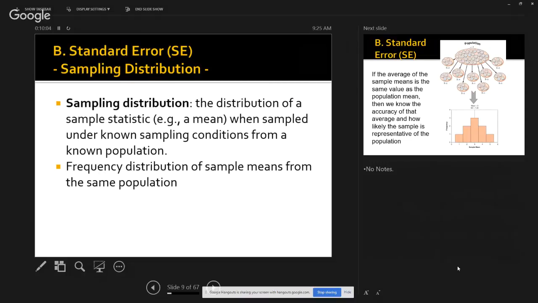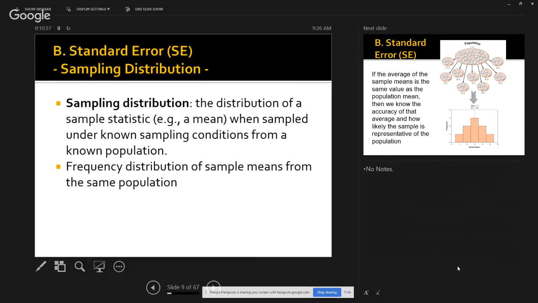The standard error is really a sampling distribution as well. So a sampling distribution is just the distribution of any sample statistic. Now, we usually do a sampling distribution of a mean, but you could do a sampling distribution of an F-test, of a T, like you can do it for any statistic, really.